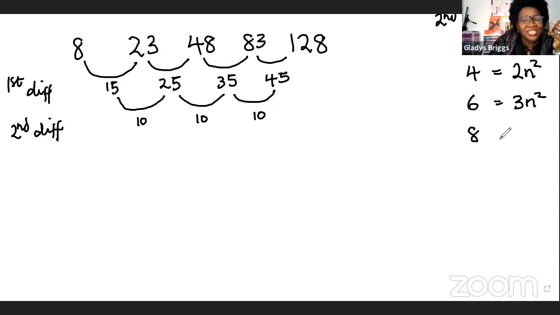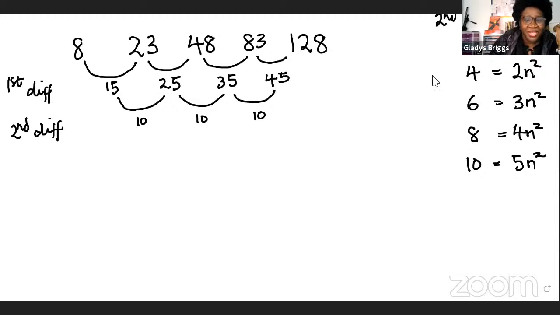A second difference of 8 is going to be what, guys? And a second difference of 10 is going to be 5n squared.